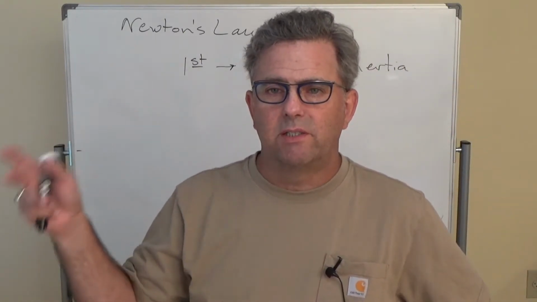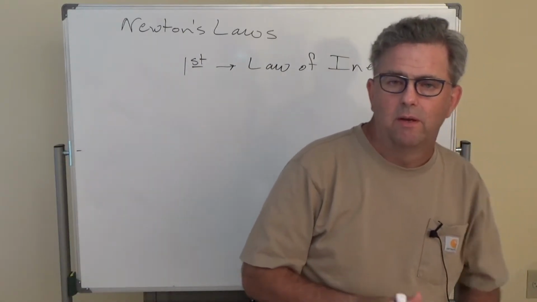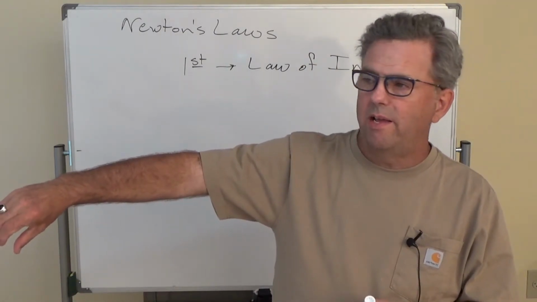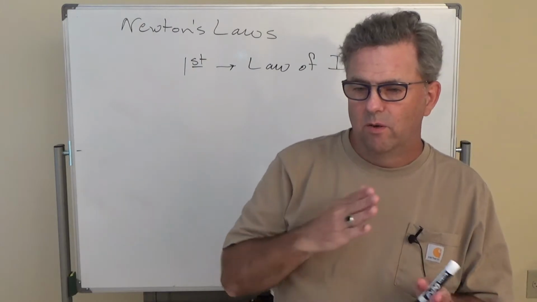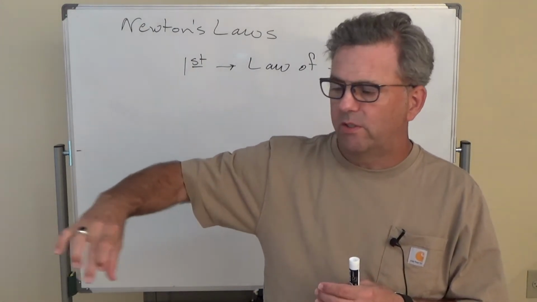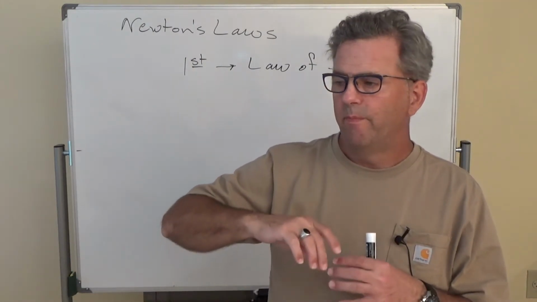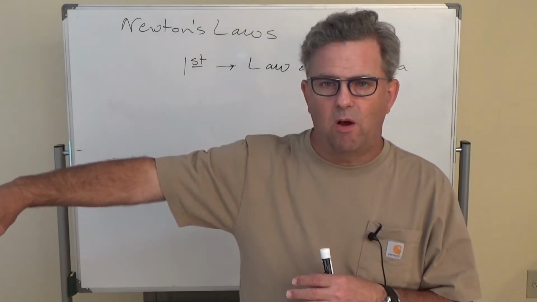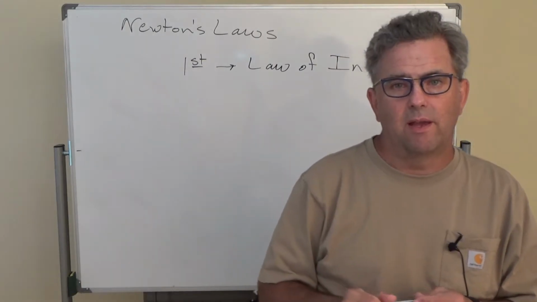So an object, let's say we're talking about a hockey puck sliding on an ice rink. Once you give it that initial force and it's very, very low friction, you give it an impulse, it slides along in a straight line, okay?